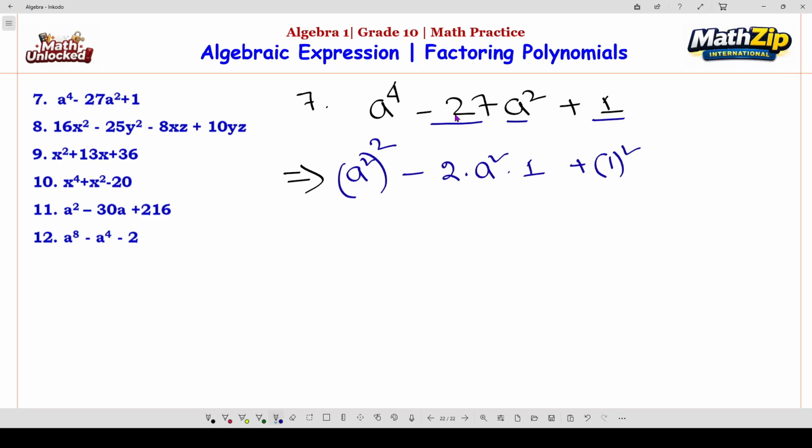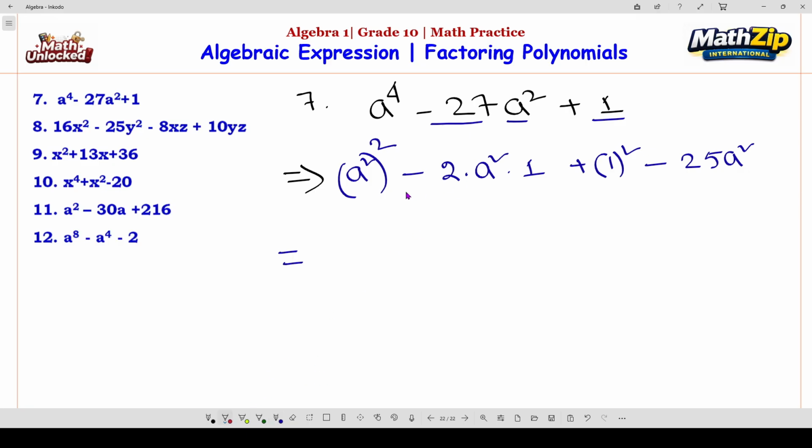Now look, here is a minus 27a square and here is a minus 2a square. So we can write minus 2, 5, it means 25a square, right? It's the same thing. Minus 25a square minus 2a square, it means minus 27a square.